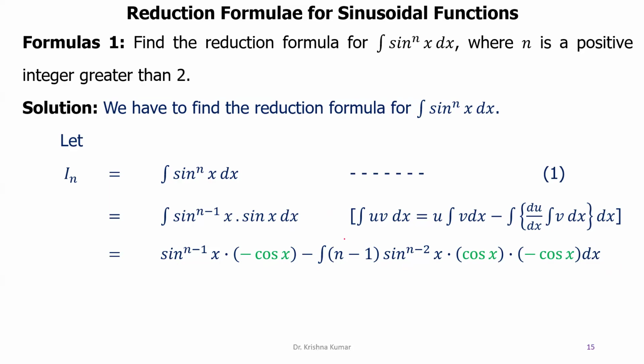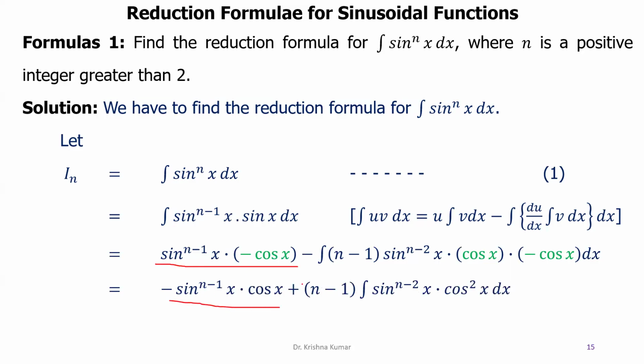Let us try to simplify it. So this can be written as minus sine to the power n minus 1 x into cos x. The first part is over. Now let us take n minus 1 outside and this minus will become plus. So plus n minus 1 sine to the power n minus 2 x, and this cos x into cos x will become cos square x dx.